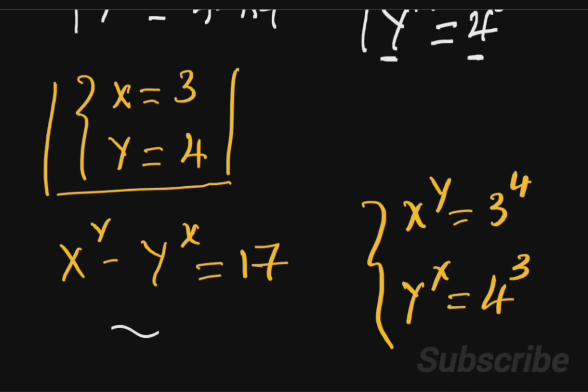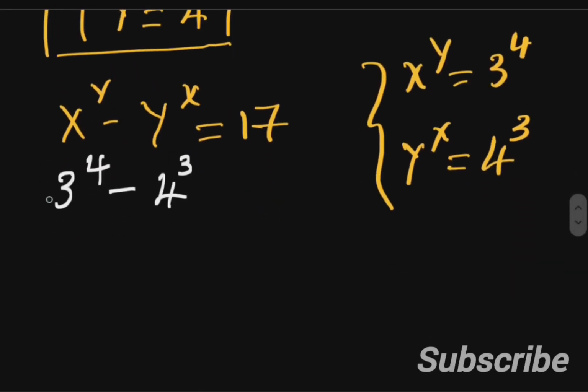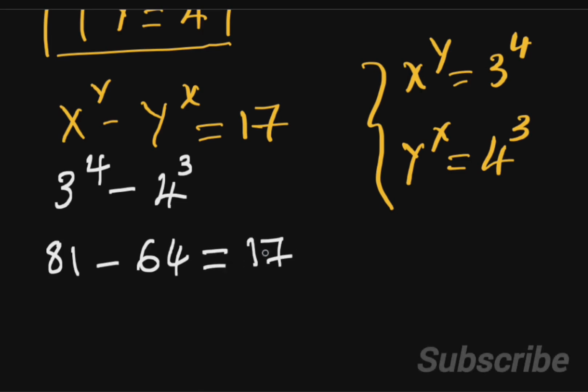Thus, if we take this here, we'll have 3 to the power of 4 minus 4 to the power of 3. Okay, we know that 3 to the power of 4 is equal to 3 squared, that's 9, times 3, that's 27, times 3, that's 81, minus 4 squared, that's 16, times 4, that's 64, and when you do the difference, you have 17.